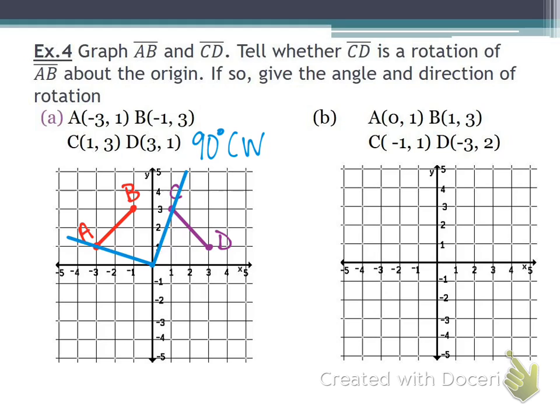All right, on letter B, let's graph them real quick. So A is at (0, 1), B is at (1, 3), C is at (-1, 1), D is at (-3, 2).